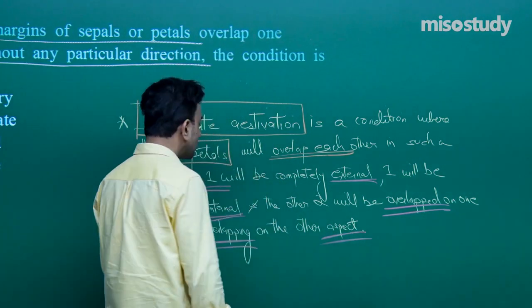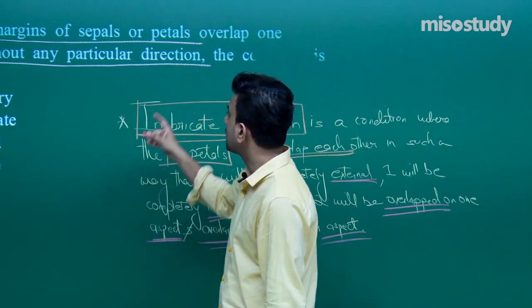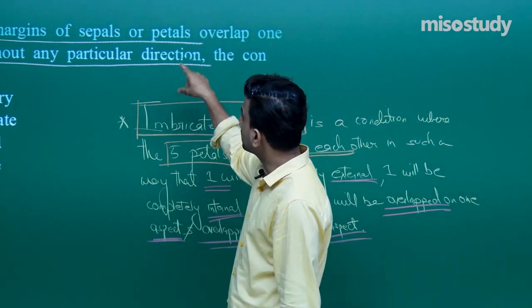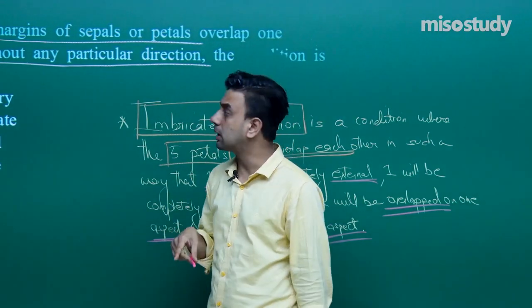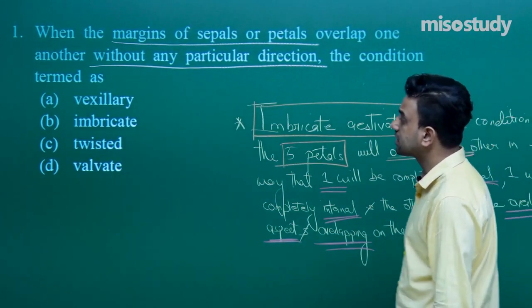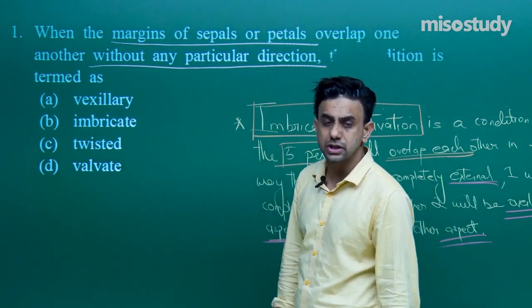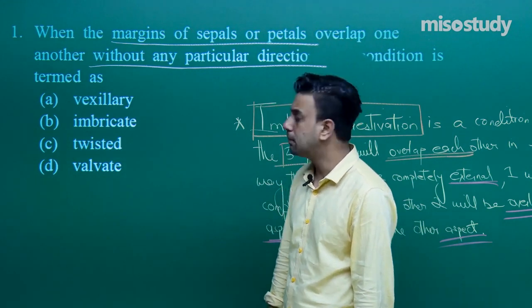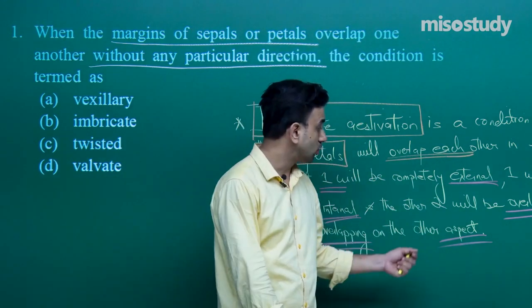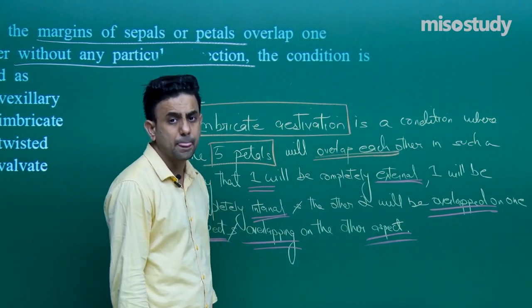That is why we say that in this condition there is a particular direction. Okay, that is why we say that the sepals or petals overlap one another without any particular direction. The condition is termed as what? The condition is termed as the imbricate condition, because here there is no particular direction, we will say.